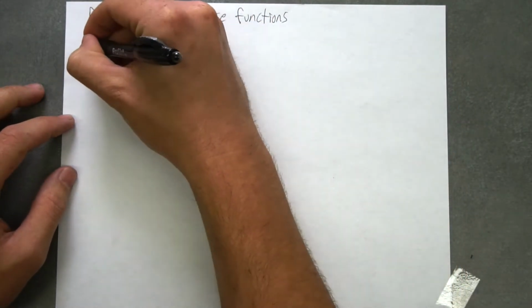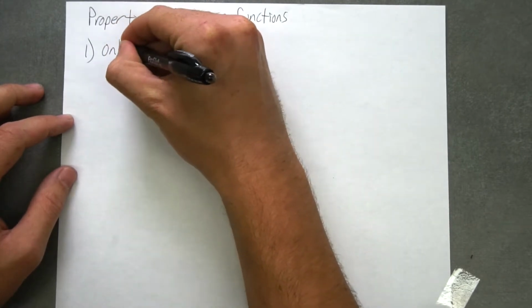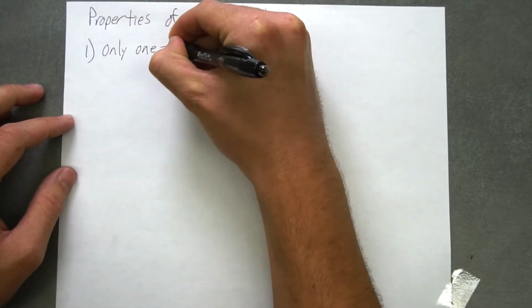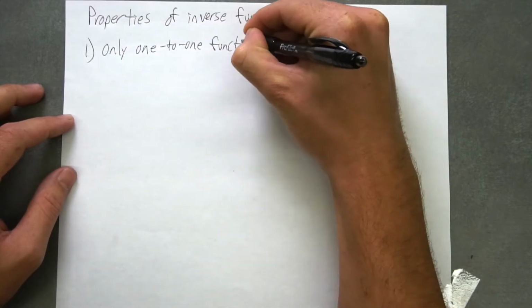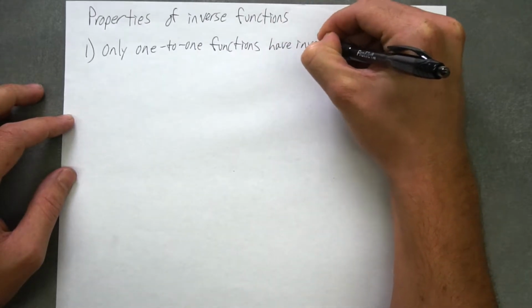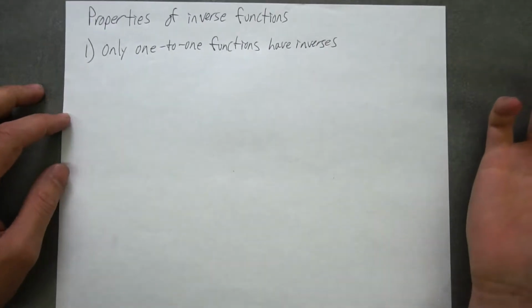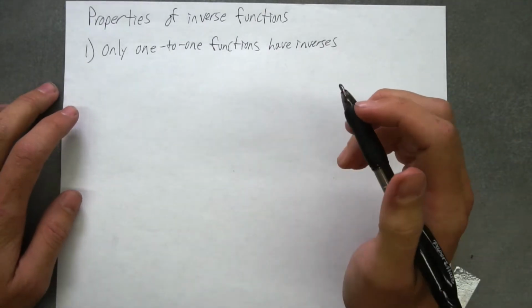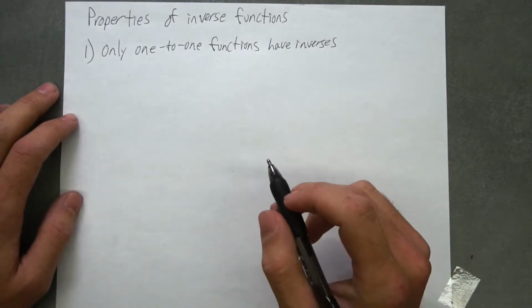The first thing that's important to note is that only one-to-one functions have inverses. So what is a one-to-one function? A one-to-one function is a function that passes both the vertical line test and the horizontal line test.